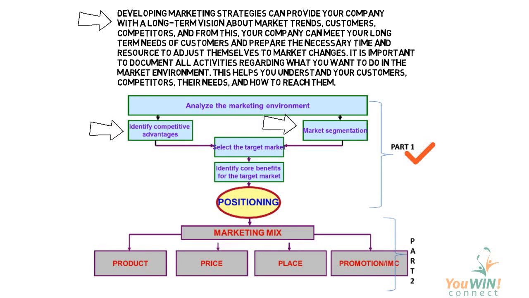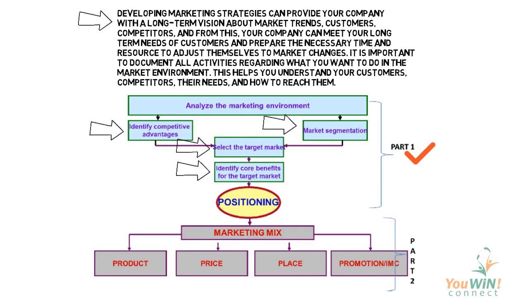Number 2, select and focus on the customers that the company can best satisfy, which means that it's important for you to segment your market and select the target audience or the target market which you will be serving. Thirdly, identify the core benefits that the company can offer to its customers. Identify core benefits for your target audience.